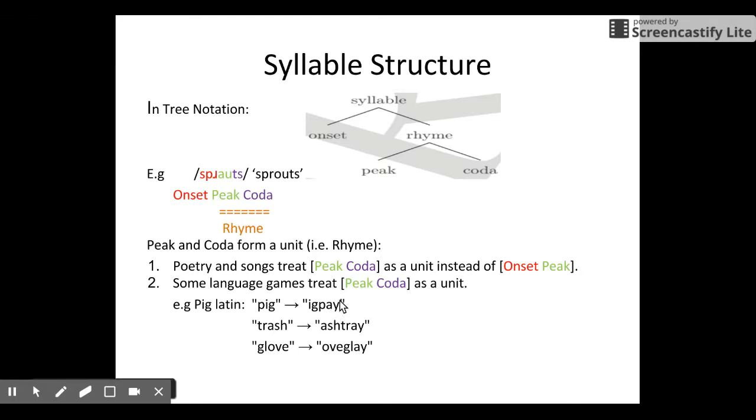So sorry, you add a-y at the end of the word. So ig is moved to the initial position, and then we've got igpay. And then we have trash, ashtray. So you see we move the whole rhyme to the initial position, ashtray. And then we have glove, love-gay.